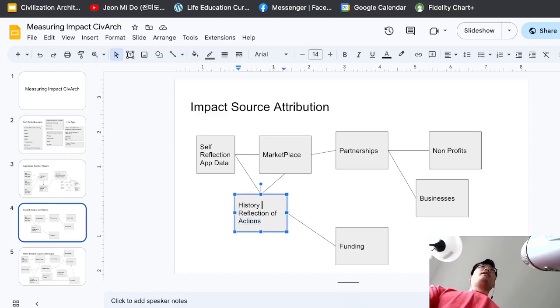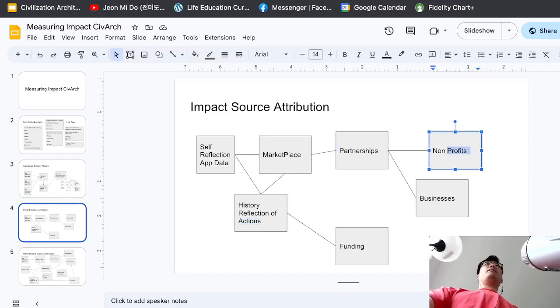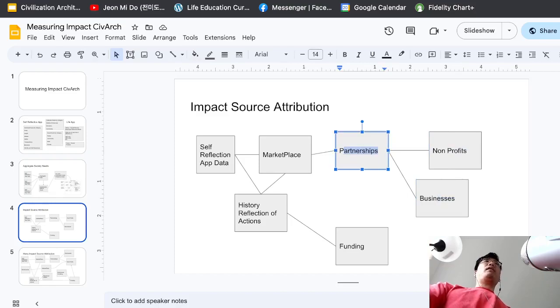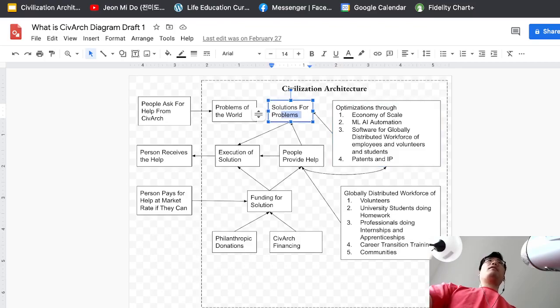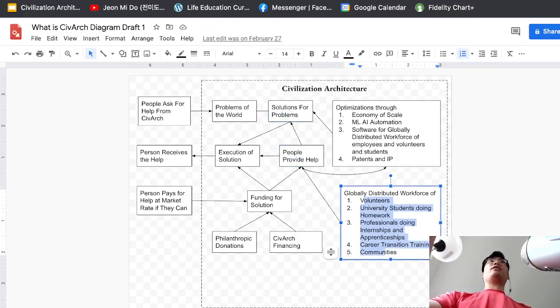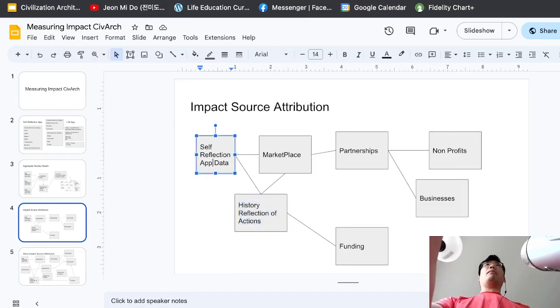And this history is going to go into a marketplace filled with nonprofits and businesses that we form partnerships with that provide solutions to problems. So here, people who provide help can be part of the civilization architecture network, but they can also be nonprofits or businesses. And so this is where we track, okay, who is it that actually helped, and then who is funding the help, and what is the impact of that help.